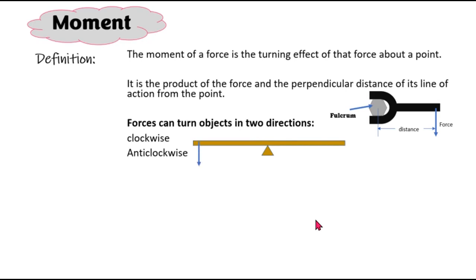And now for anti-clockwise, what happens is it will turn the object in the opposite way to the movement of the clock. So in this case, it will turn the beam like that. And so that is opposite to how the clock turns, and so that's why we call it anti-clockwise. Remove the force and the beam will again return to its rest position.